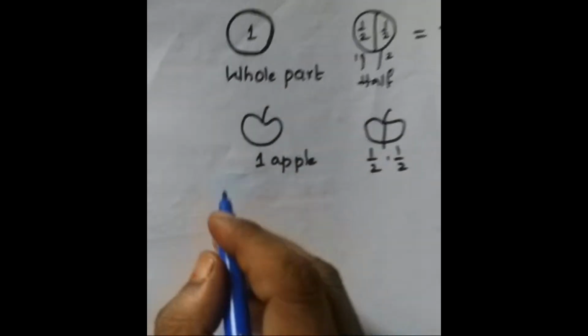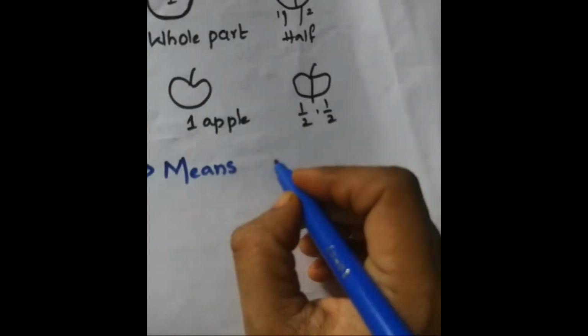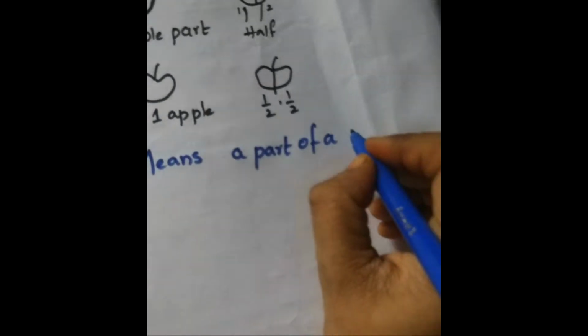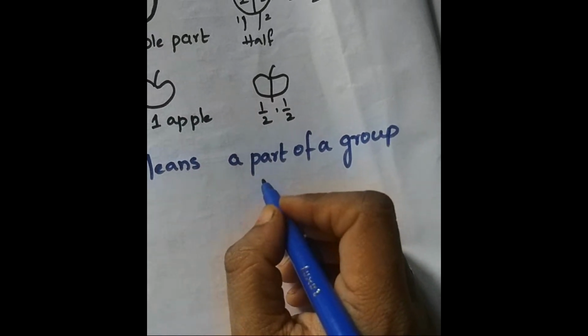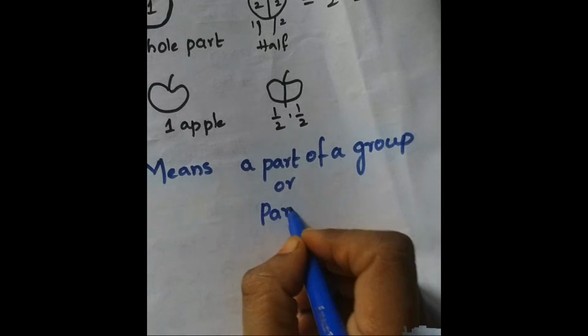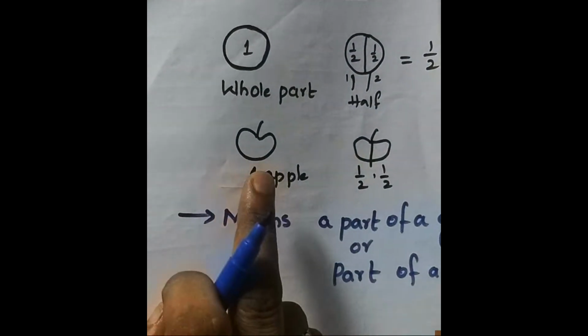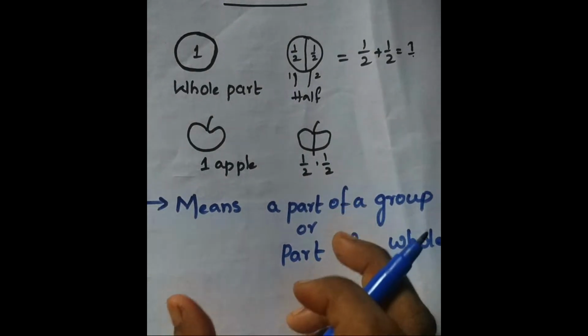A fraction means a part of a whole, a part of a group. Whole means a complete circle or one apple. Whole means the complete part.